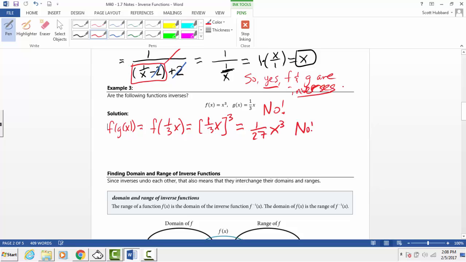Okay, and that is not x. So f and g are not inverses.